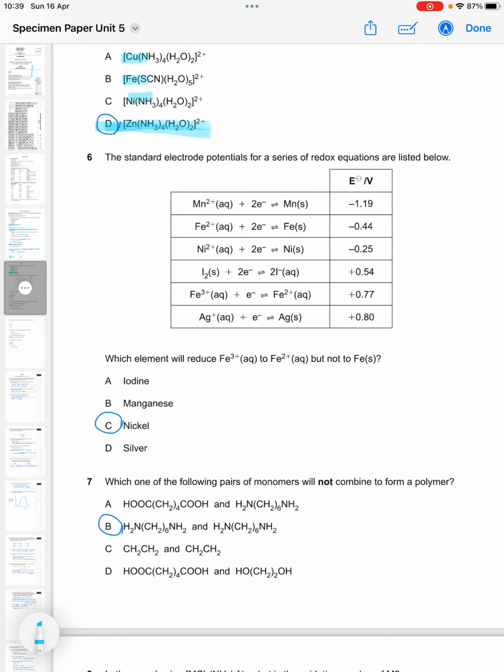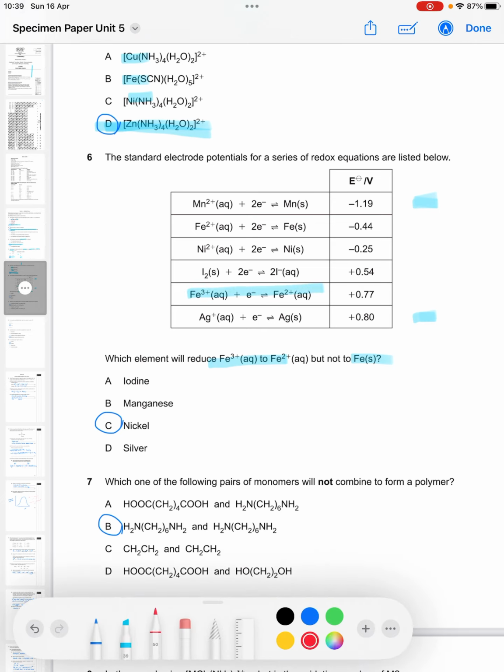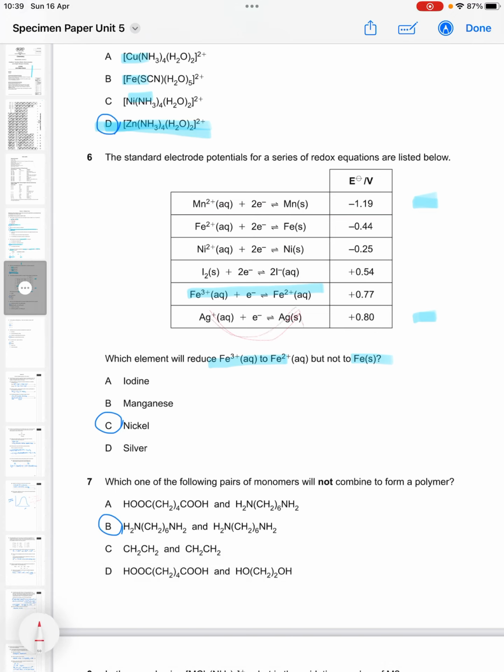Standard electrode potentials for a series of redox equations are listed below. You can see here, we've got, as usual, the most negative at the top and the most positive at the bottom. Which element will reduce iron 3 to iron 2, but not to iron? So iron 3 to iron 2 is here. And of course, we want that to be going in this direction.